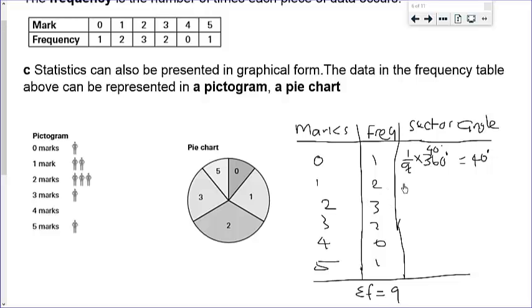And the next one will be 2 over 9 times 360, which is the same as writing 2 times 40, and this will give us 80 degrees.